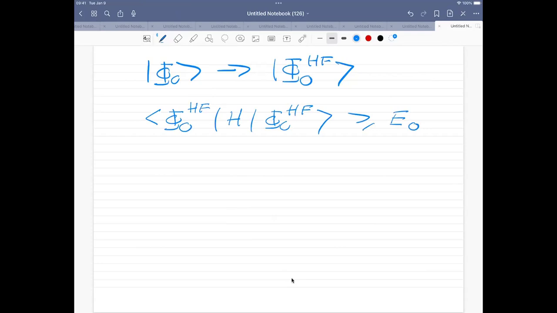So E0, as it stands here, is the exact ground state energy. However, what we also want is that this phi HF H phi 0 HF is smaller or equal to the ansatz we started with.